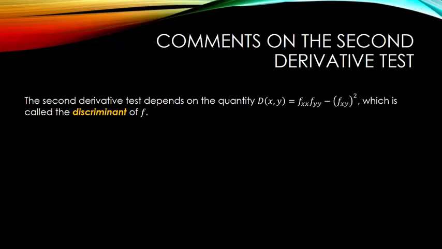Now I want to make a few comments about this second derivative test. The second derivative test depends on the quantity D(x, y) equals fxx fyy minus fxy squared. This is called the discriminant of f.